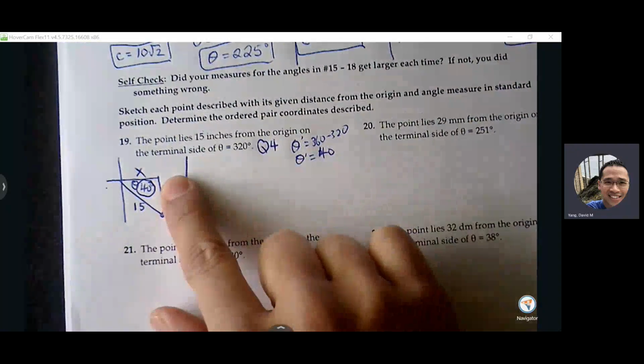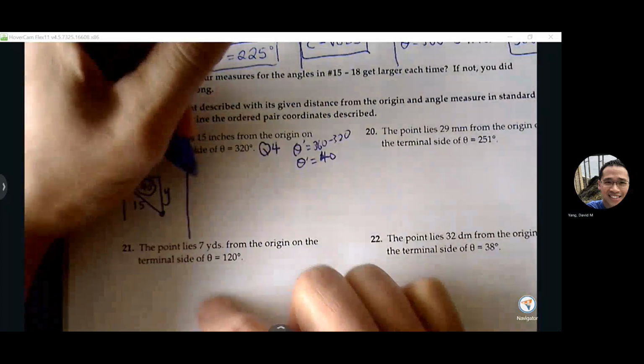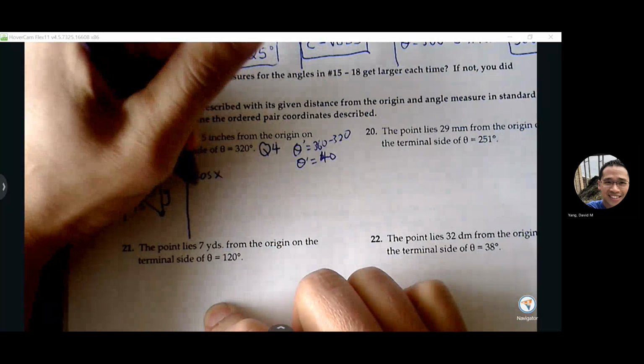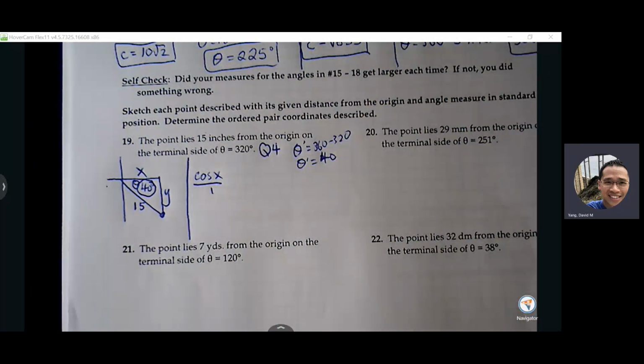Okay, I'll target the X first. What can I do to solve for X? Cosine. I'm sorry, cosine of 40, right? We know the degree measure.